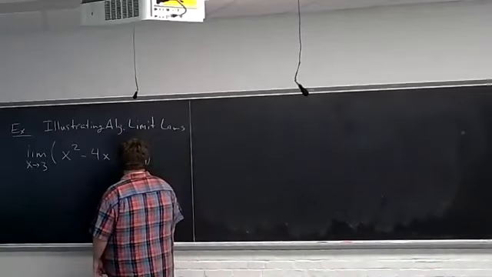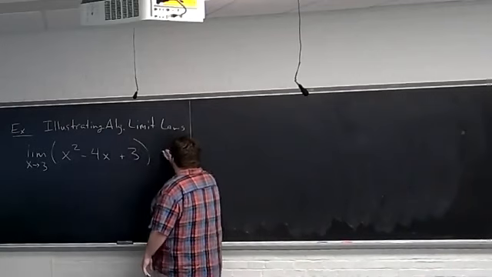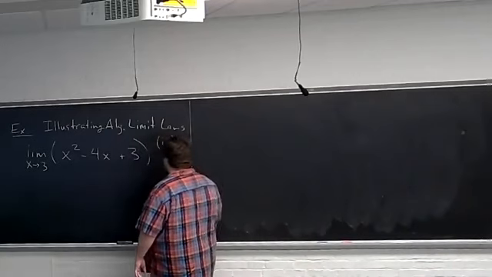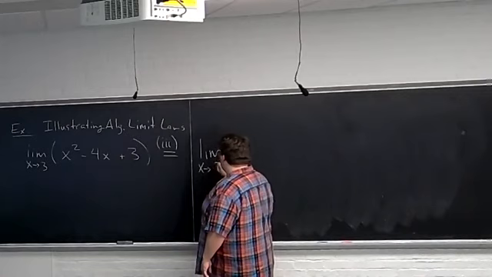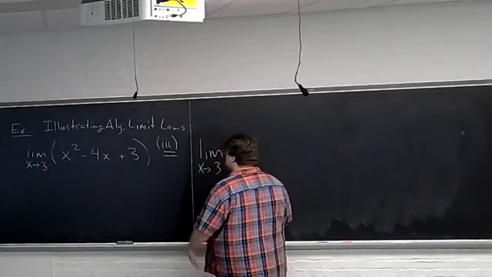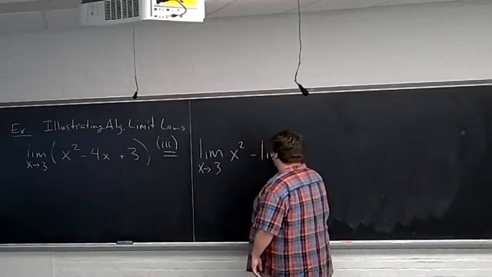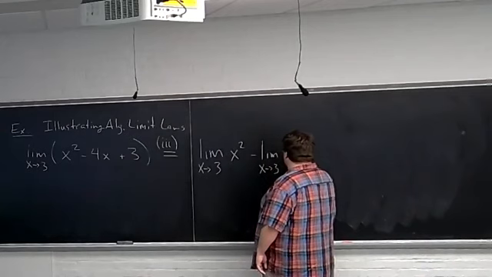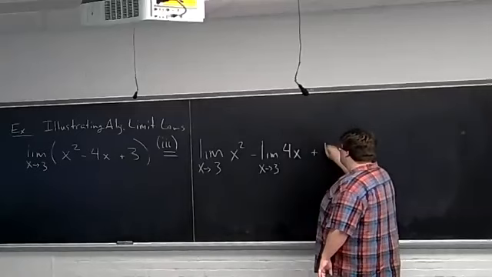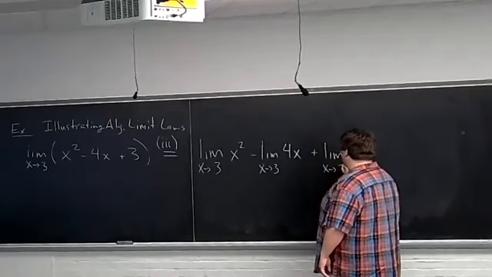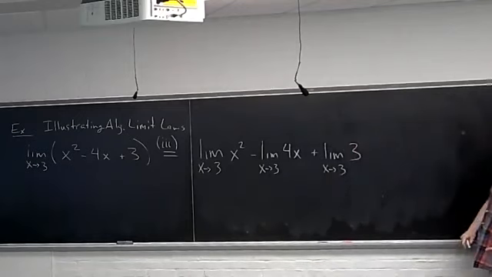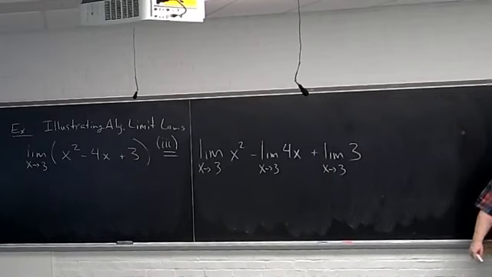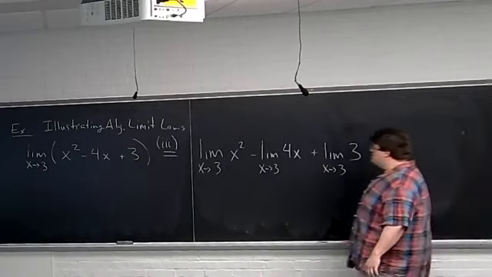So equals by rule 3, the limit as x approaches 3 of the first thing, minus the limit as x approaches 3 of the second thing, plus the limit as x approaches 3 of the third thing. So by rule 3, we split our limit into 3 other limits that we have to compute. Any questions about applying rule 3?